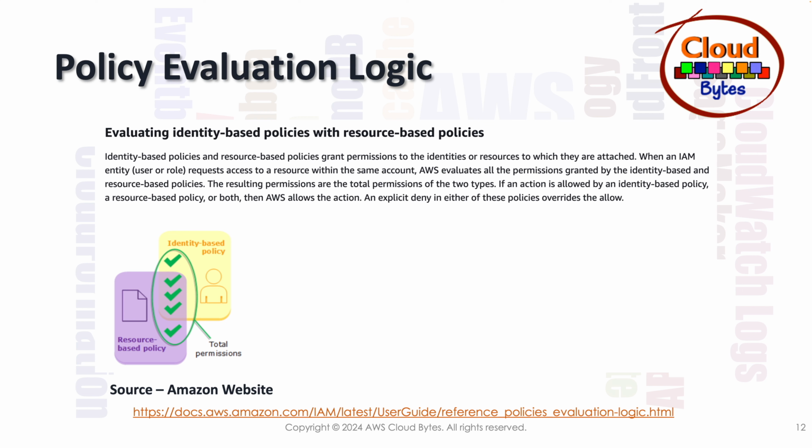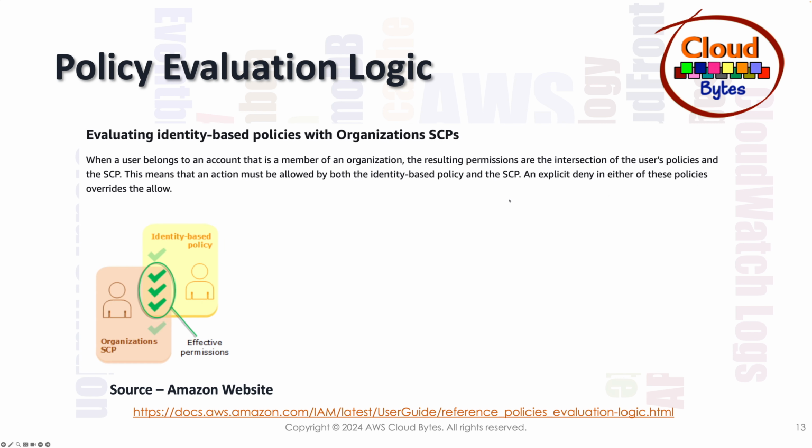deny. And the reason is implicit deny is when you create a user and nothing is assigned to the user, that's an implicit deny. Once you start assigning to that user, that is an explicit allow. But if there is a deny at a resource level or an identity level, in those cases, that will take precedence. We are evaluating identity-based policies with organizations' SCPs, or service control policies.